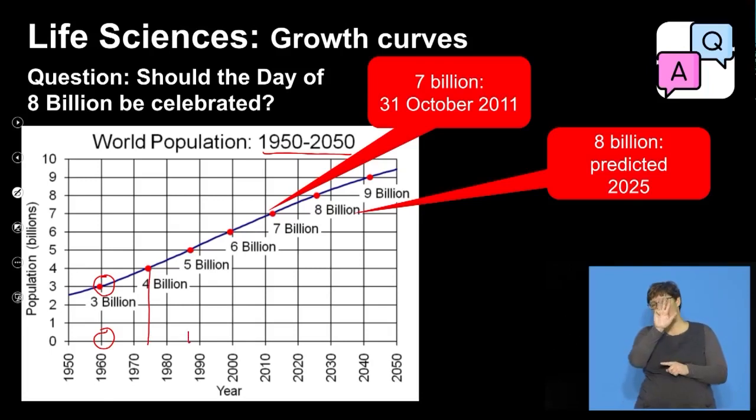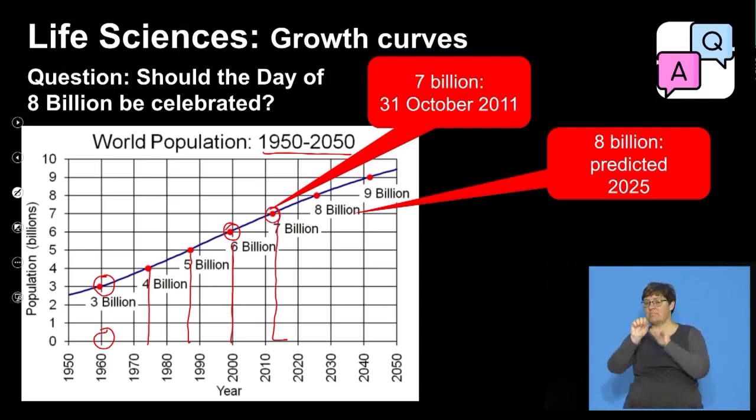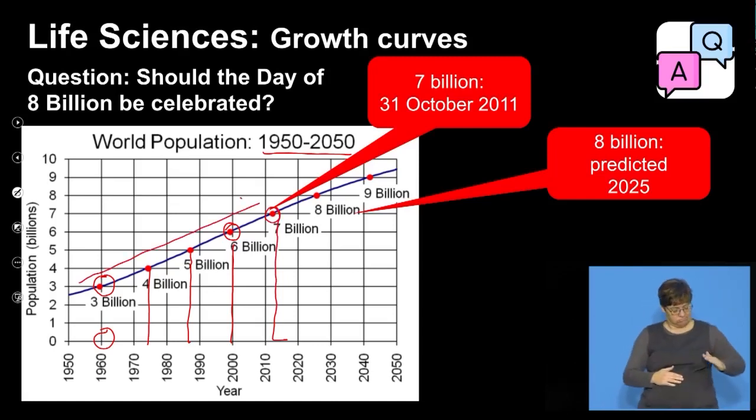The 5 billion point came in the late 1980s. Around about 2000, we hit the 6 billion mark. And in about 2011, we hit the 7 billion mark. So you can see that this is growing at an exponential rate.